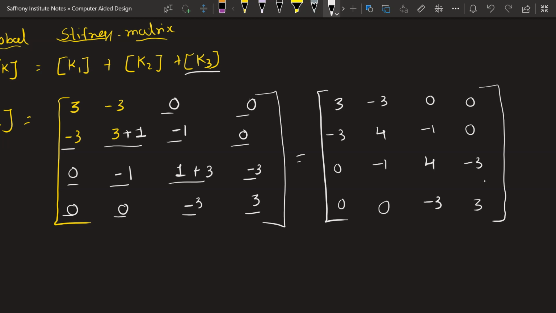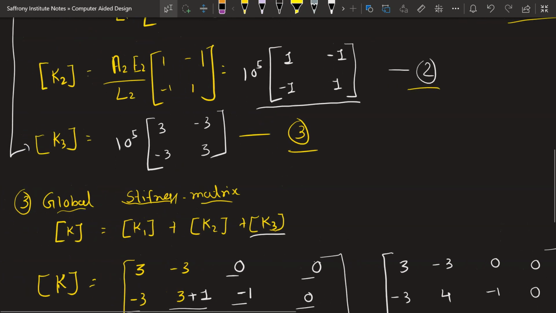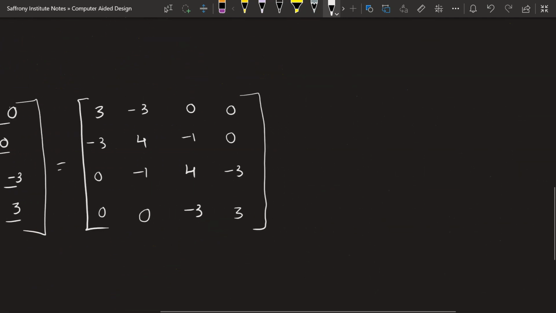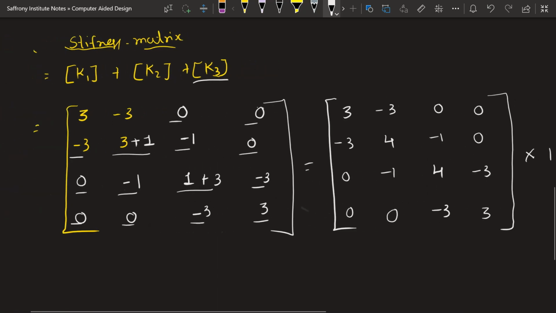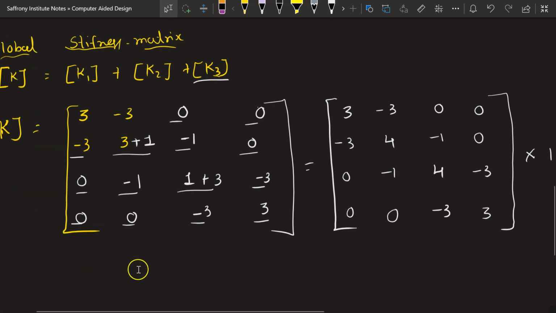So you can see that this is the global stiffness matrix. And an important thing we forgot, 10 raised to 5. Don't forget to put this 10 raised to 5 also. So I'll multiply it with 10 raised to 5. So this is the general global stiffness matrix for us.